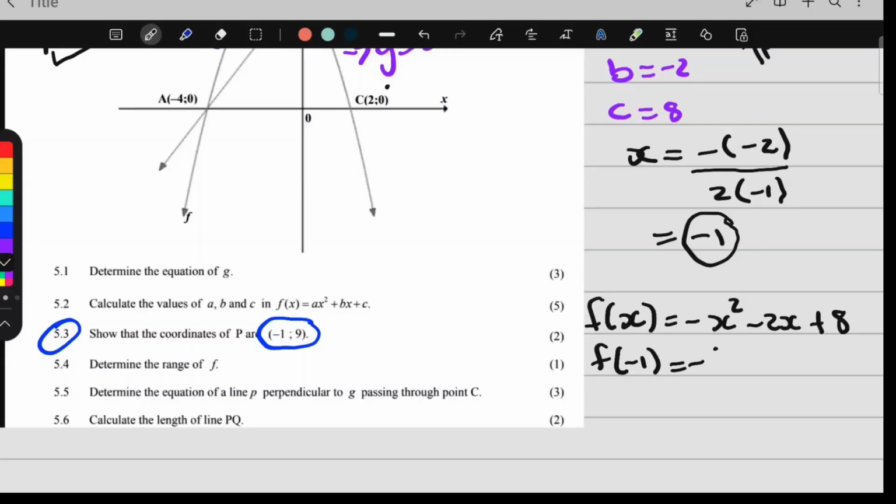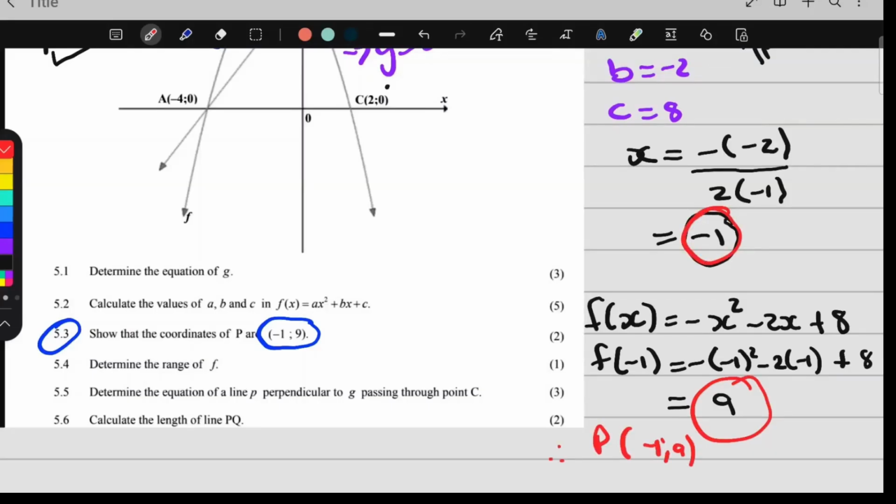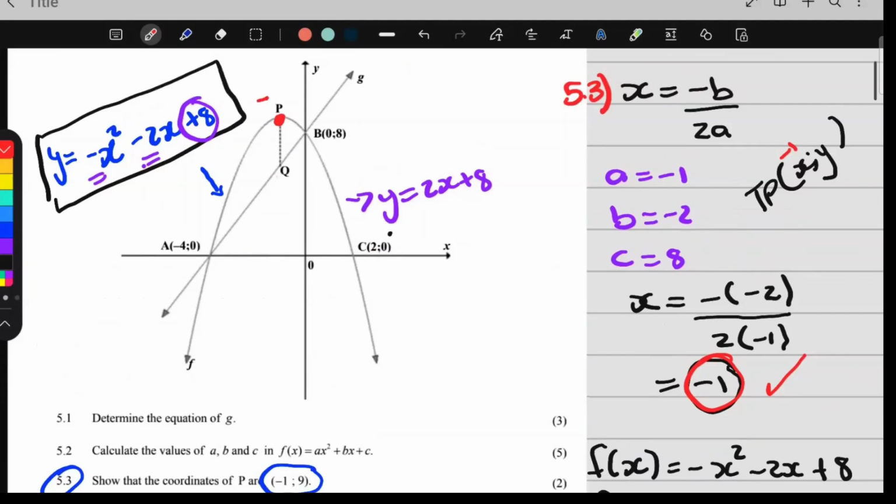So this is minus, there's x, so negative 1, minus 2, there's an x, plus 8, and I get this answer to be 9. So can you see I worked out the x and the y value. So there I proved it. P is negative 1 and 9. That is my turning point. You get a mark for working out the x and a mark for showing how you calculated the y. So when I go to P here, this is negative 1 and 9, and I can put that in.